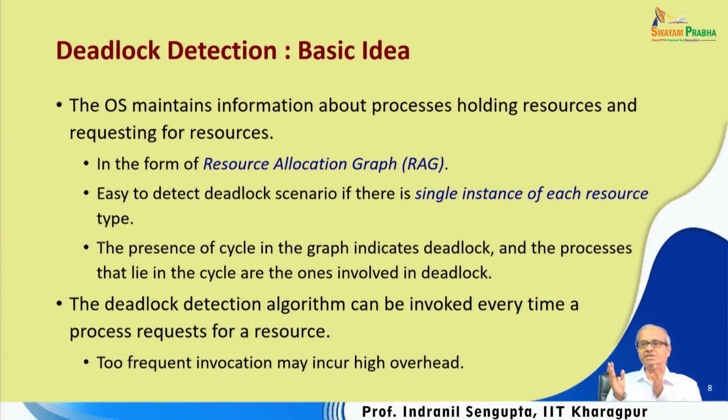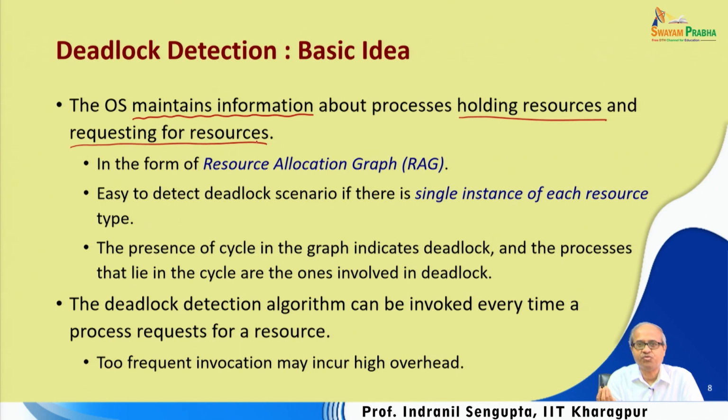All this information is available with the operating system. Basically, it maintains information about the processes holding resources, what resources are currently allocated to a process and what resources the processes are requesting.